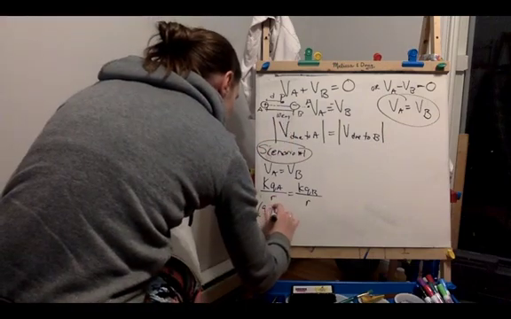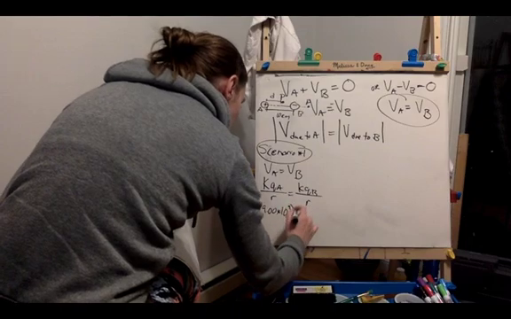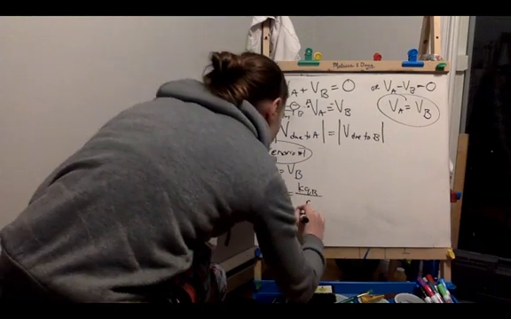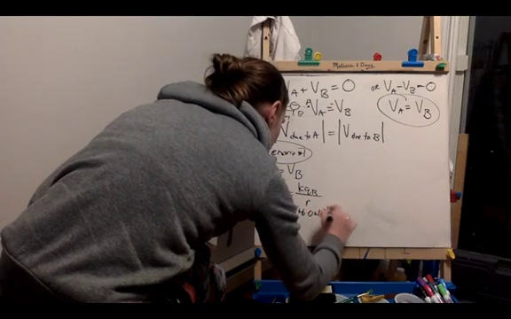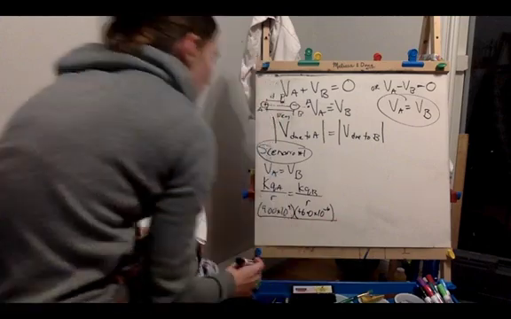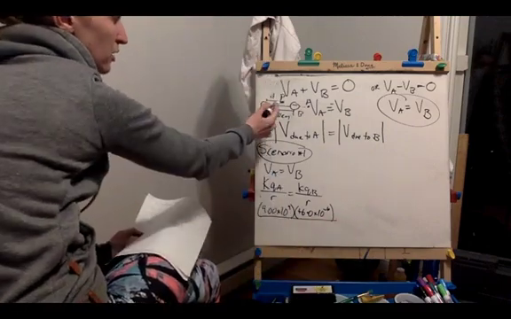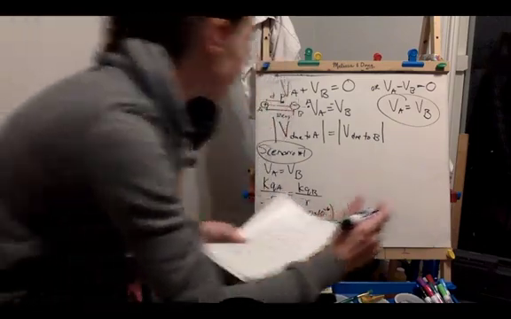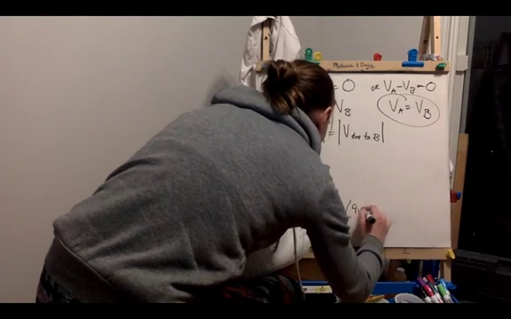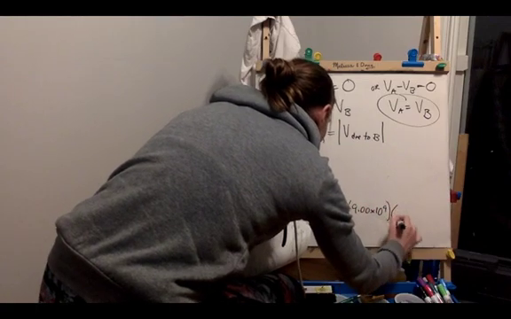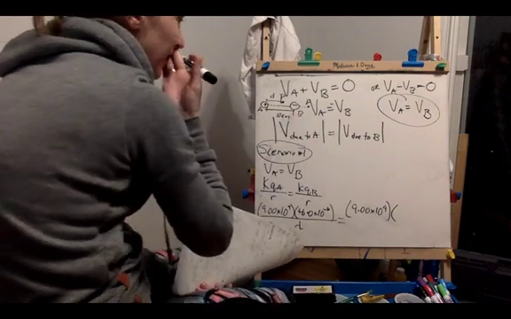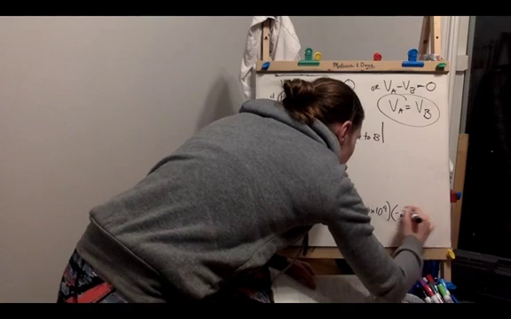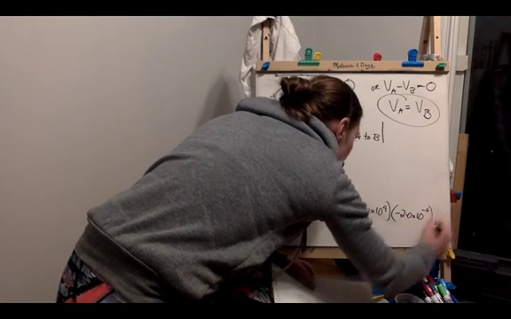So this would be our 9.00 times 10 to the 9, multiplied by our charge, which was, in that case, QA of plus 6 microcoulombs. So 6 times 10 to the minus 6, divided by D, because that's the distance the point is away from A. And that's going to equal, again, our Coulomb's constant, multiplied by our charge, which in this case was minus 2 microcoulombs, so negative 2.0 times 10 to the negative 6.